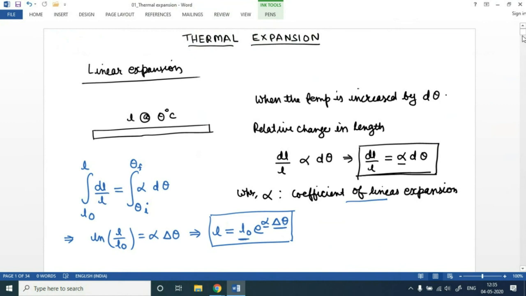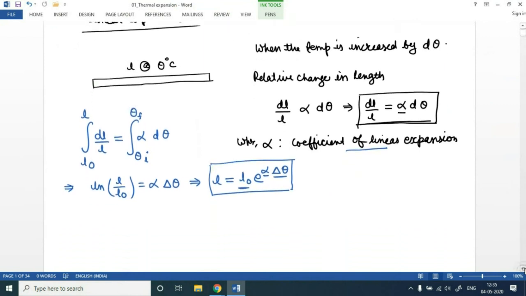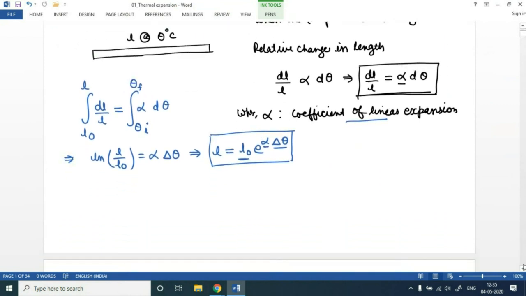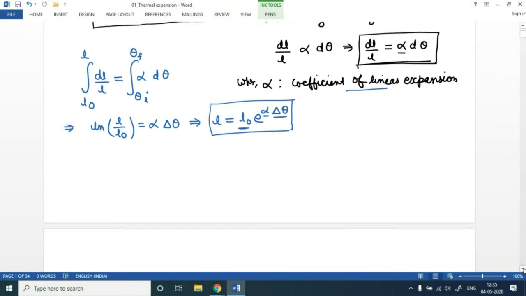For most solids or liquids, there is one approximation, one assumption we are going to use, which is going to be very useful in this chapter.